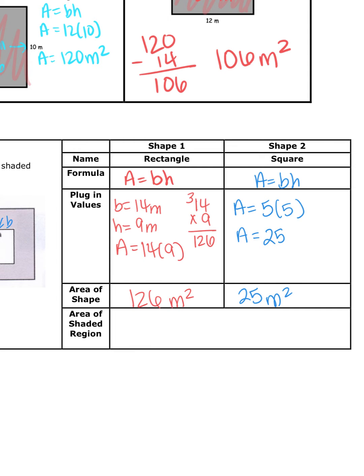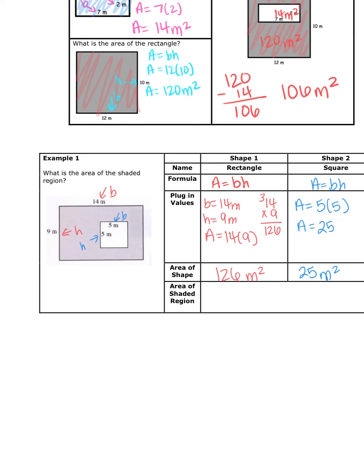To find the area of just the shaded region, I know this part right here is 25 and this whole thing is 126. If I subtract that, we're going to do 126 minus 25, and we're going to get 101 square meters.